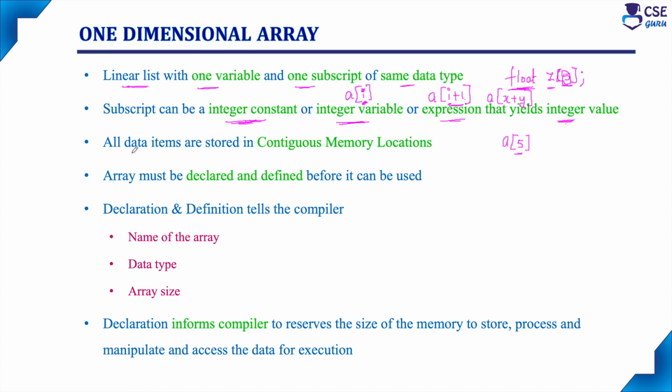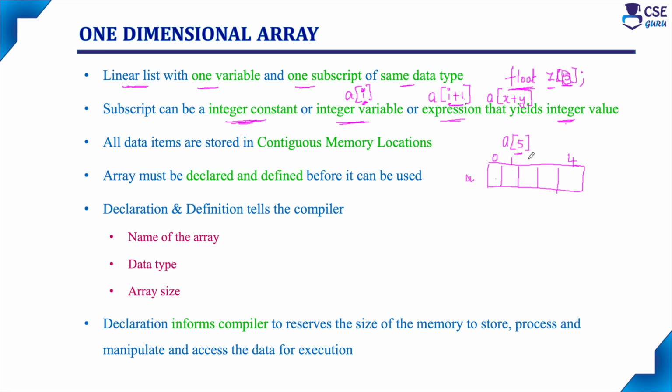Next, all data items are stored in contiguous memory locations. If it is 5 elements, all 5 elements will be stored in sequential memory locations, and the starting index will be 0 and the last index will be n minus 1. That is, 5 means totally it will store 5 elements. From the 0th position, 1 element will be stored.